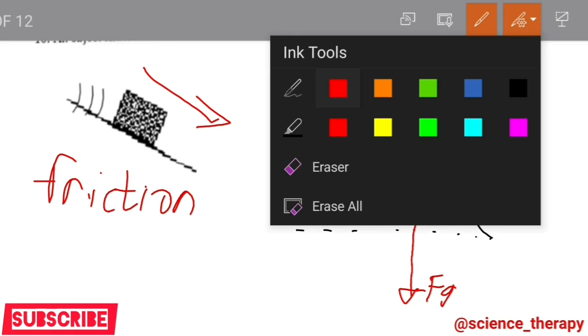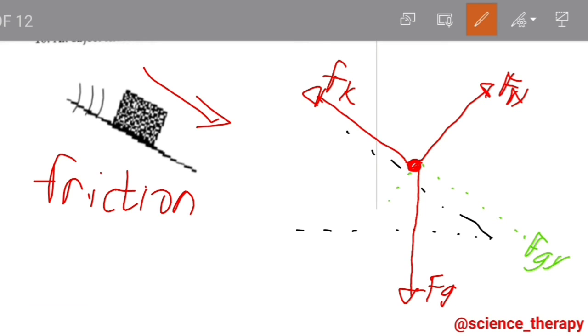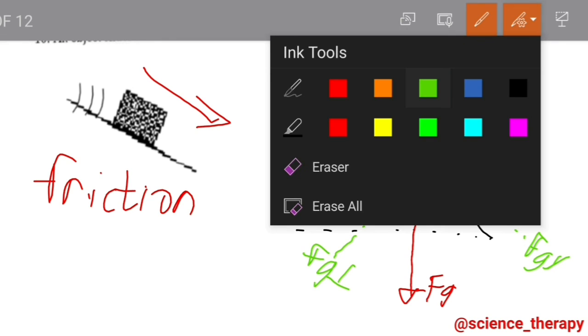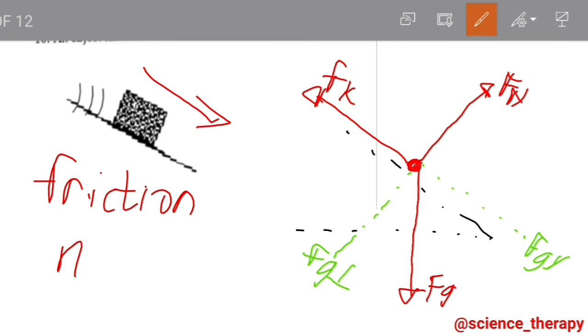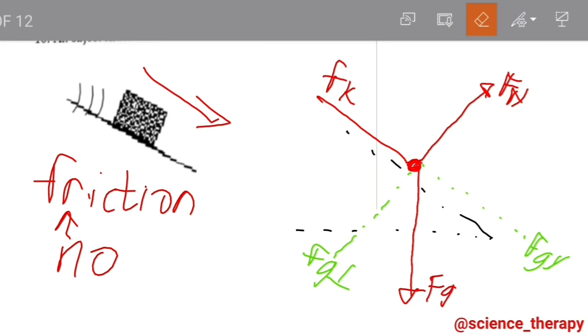And then if we are to resolve this, sliding down, it's our Fg parallel. And then straight in line with your normal force, it's your Fg perpendicular. So that's how you'll have it if there's friction. But if they say there is no friction, we'll just come here and erase this. So that's how you'd have it.